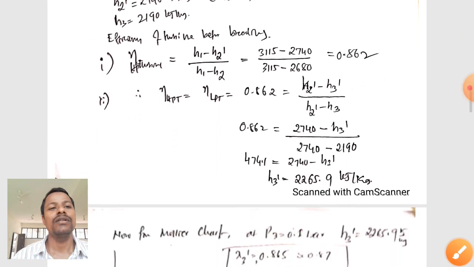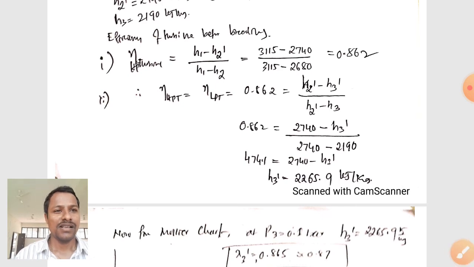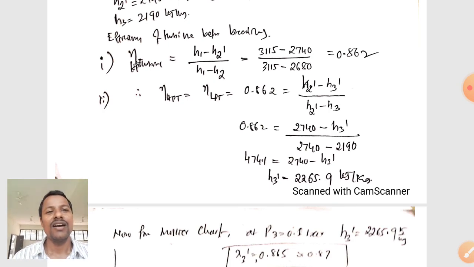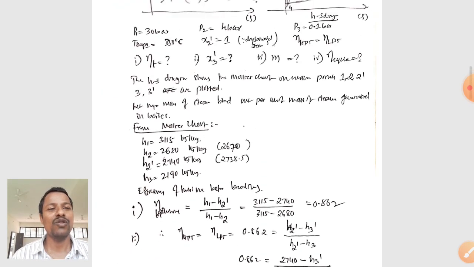So now let us calculate S3 dash, that is the actual enthalpy of the steam at the second stage outlet.